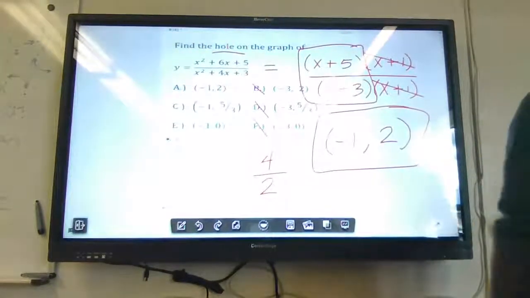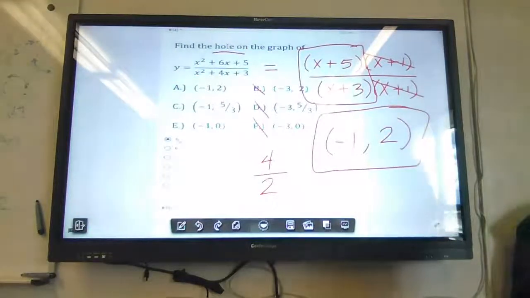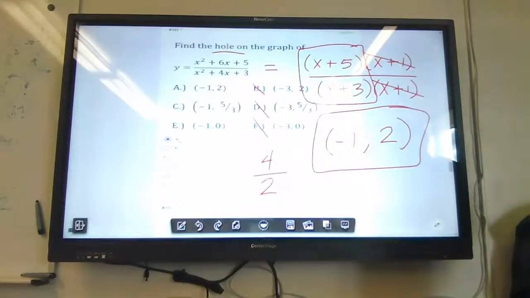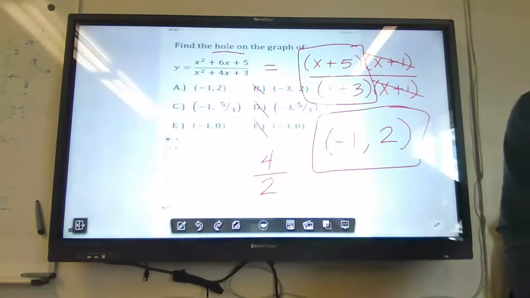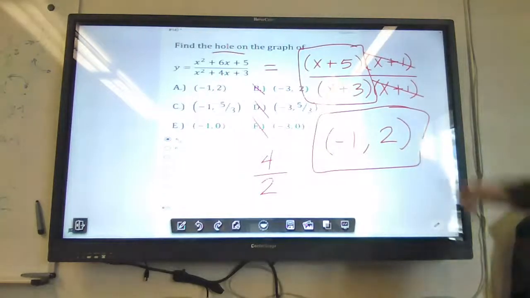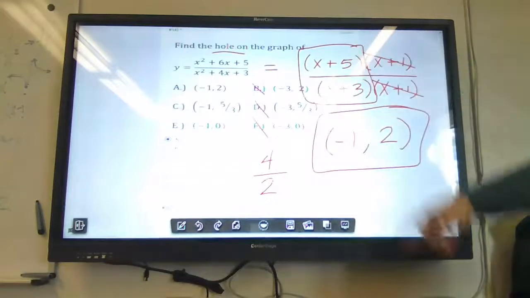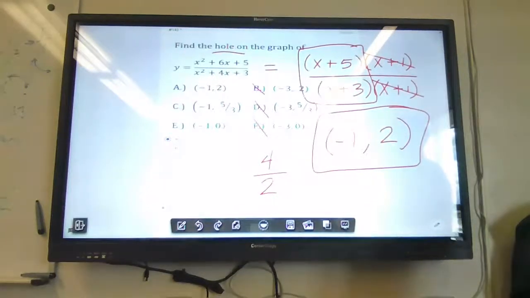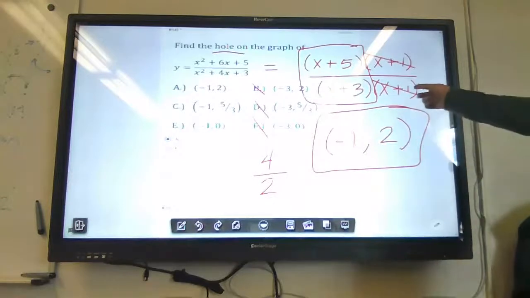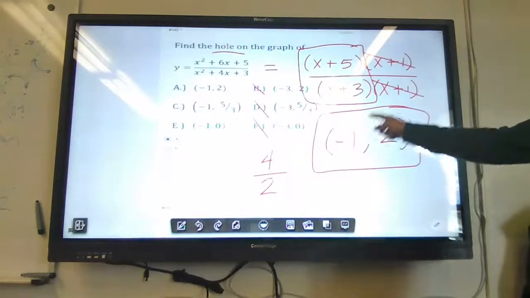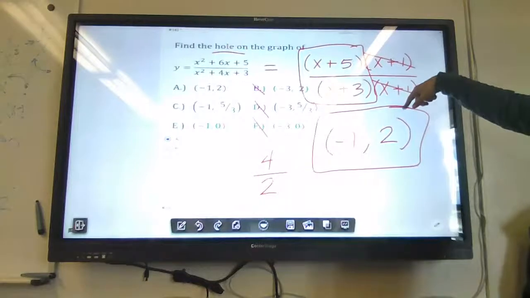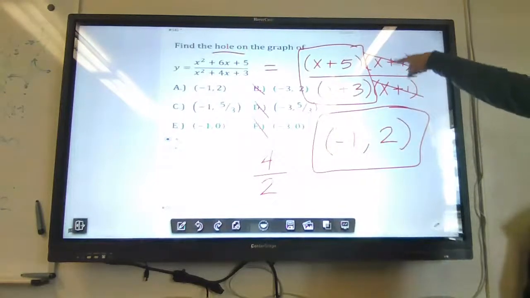I really don't understand why, because that does not make it 0 over 0. What? No. If you get a 0 over 0 with the original one, then it has a hole. You don't understand why negative 1 doesn't make the original function 0 over 0? Oh, the ones that we crossed out. Yeah, I'm identifying that value by looking at what term got canceled out, because negative 1 is the number that makes those two terms 0.